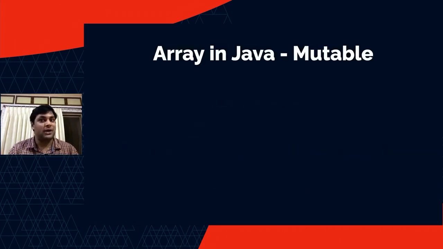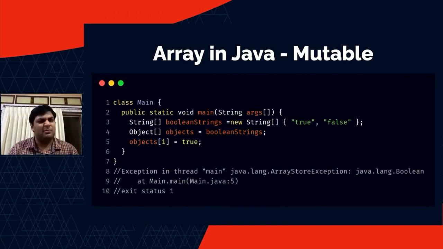Arrays in Java are mutable, but also covariant, because of which this can be possible. As you can see, we create a Boolean of String, which means we are creating an array of strings, where the first string is true and the second string is false. Then we are making it an Object at line 4, and in the later part, we are telling object 1 should be true.